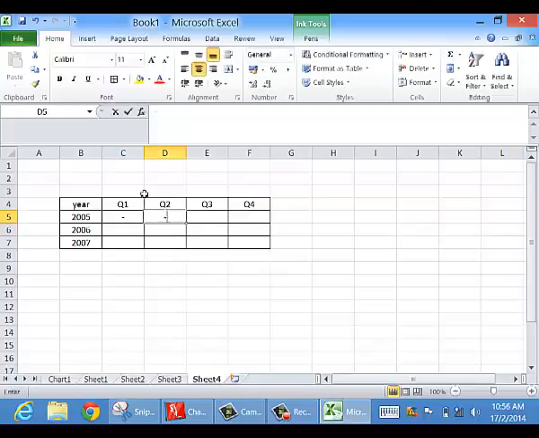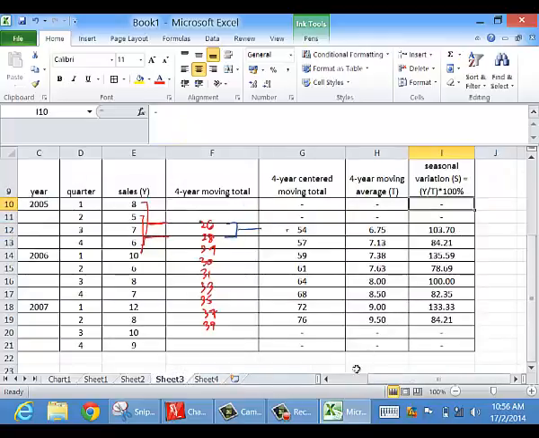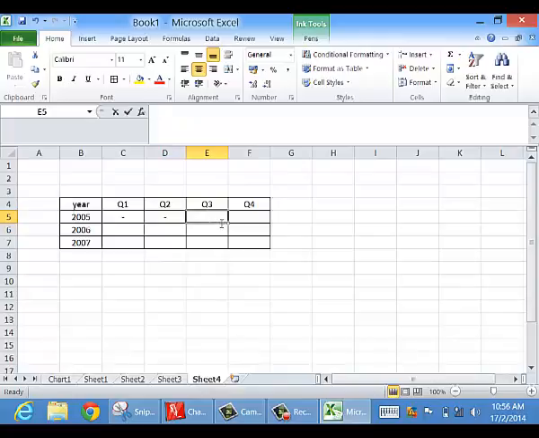For year 2005, quarter number 3, what is the value? 103.7, so you put 103.70. For year 2005, quarter number 4, 84.21. Then you put accordingly for all the time periods. 135.59. Taking 2 decimal points only.